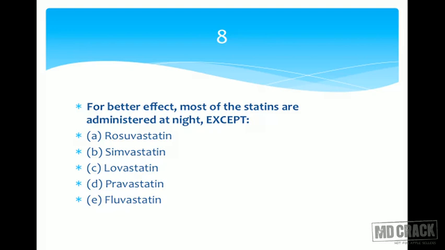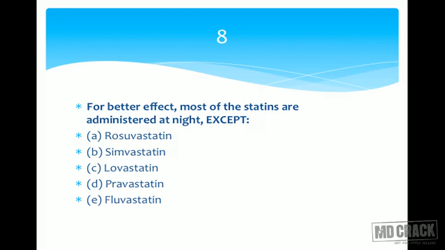Now I'll tell you a simple way to solve this. You see, when the statins came, the most popular and the best tolerated, commonly used statin was atorvastatin. And then came simvastatin, lovastatin, etc. And last came rosuvastatin. Rosuvastatin is the newest.